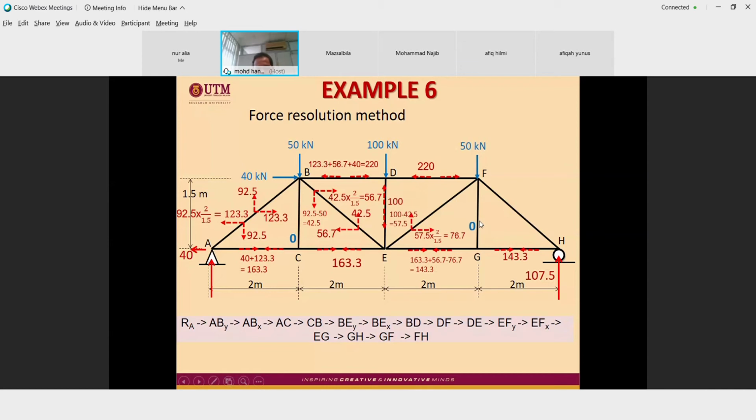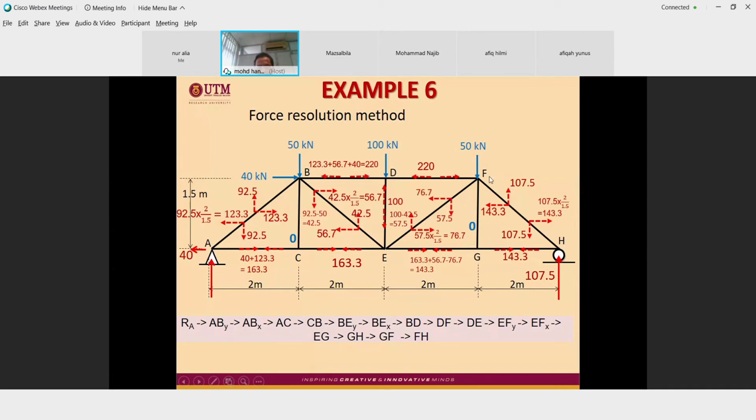And then where do you go now? You can also start from H. The last part of this calculation is to prove that your calculation is correct. You must prove that point F is in equilibrium.